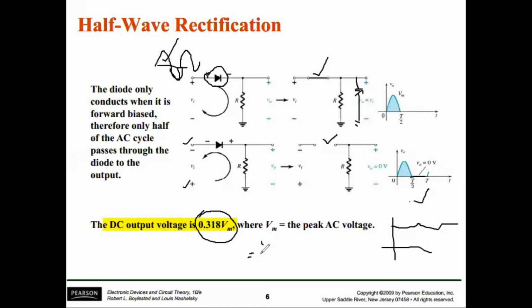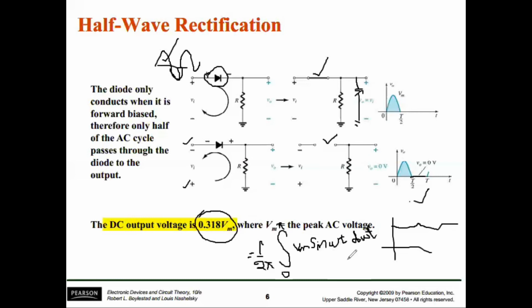There is a formula to find this one: 1 over 2 pi, integration from 0 to pi, Vm sine of omega t, d omega t.